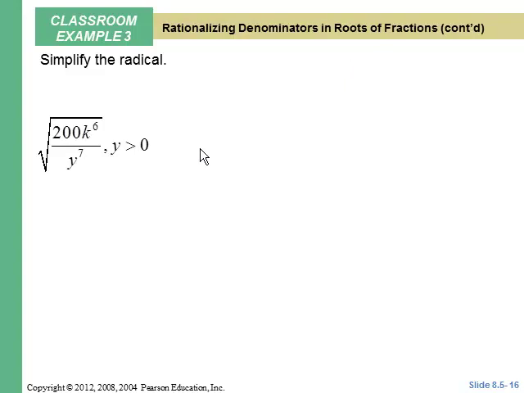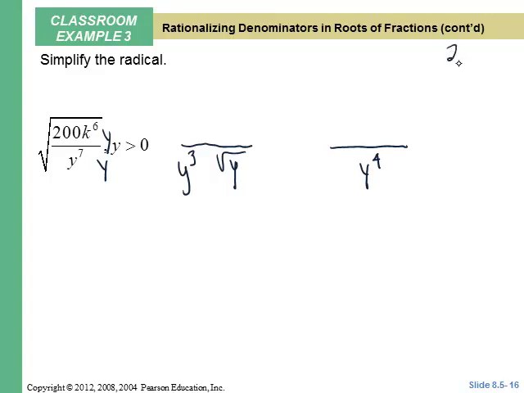You try this one. Oops, I'm sorry. It's one more for me to do. Y to the 7th. Well, that's already a y to the 3rd out front, and then you still have a square root y on the bottom. So why don't we just multiply top and bottom by y, and then we will have y to the 4th on the bottom.